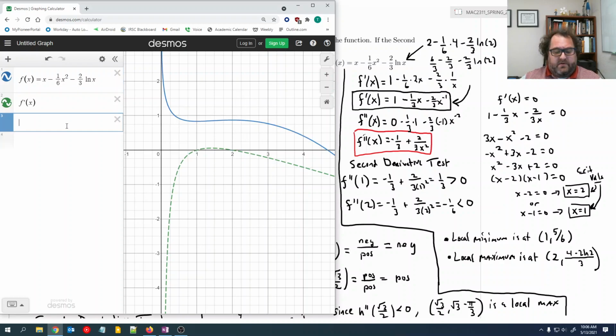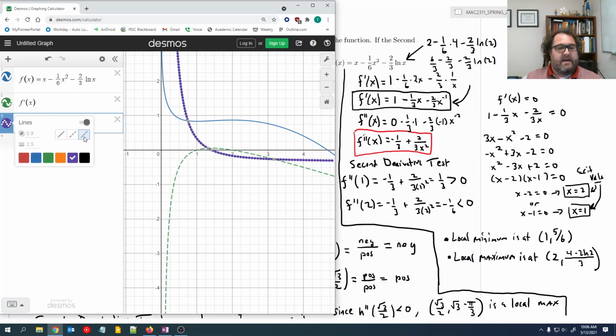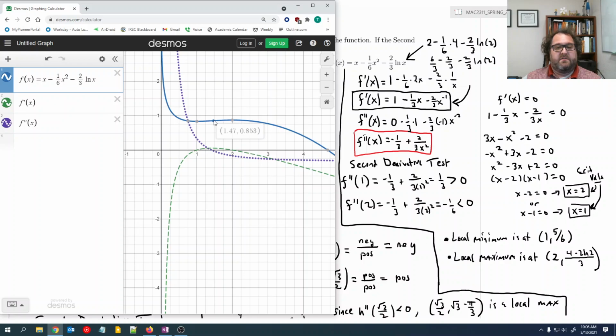Let's see, second derivative. Notice how the second derivative, let's make that dashed, is positive until you get to what looks like square root of 2 to me. 1.414, that's the square root of 2, right? Look to the left of that point: the function's concave up. To the right of that point, it's concave down.